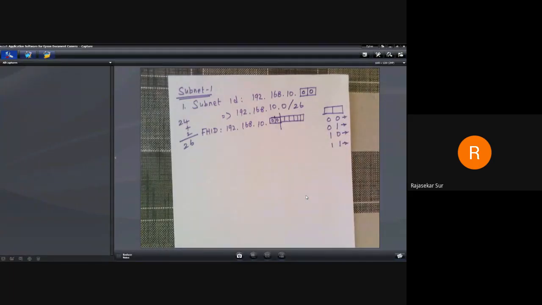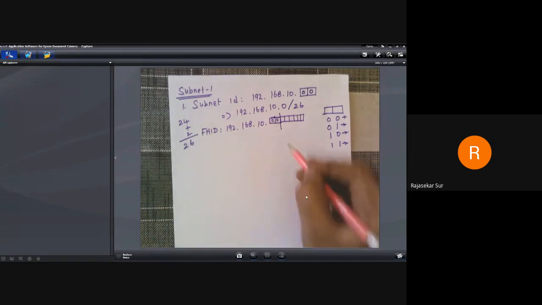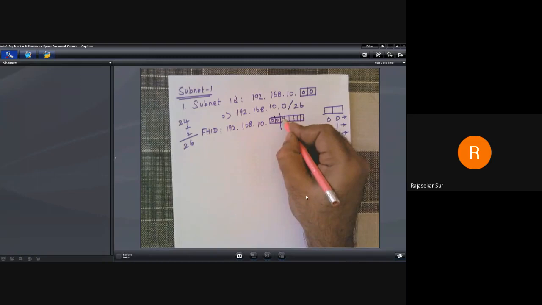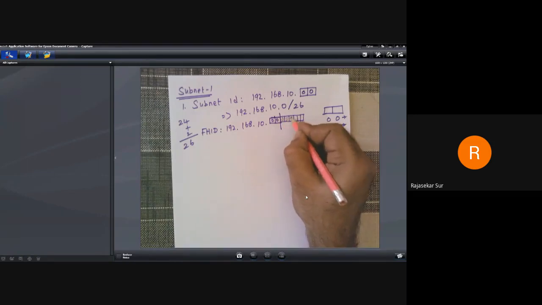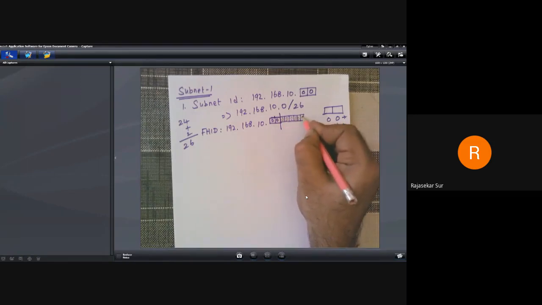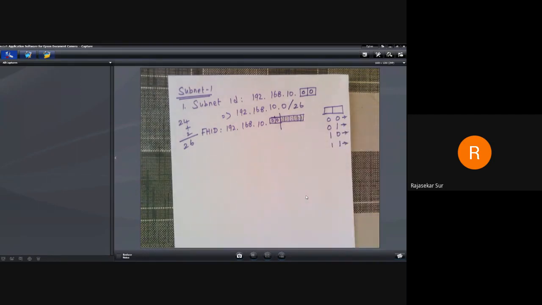Now, what does the first host ID mean? For the first host ID, you make everything 0, 0, 0, 0, 0 except the last bit 1. This I explained to you in the last class.